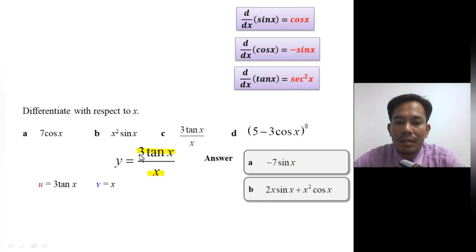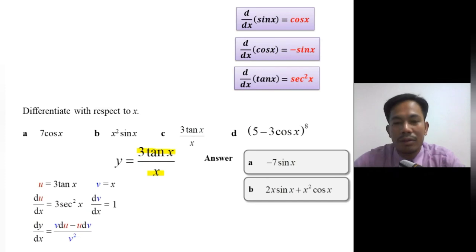The numerator will become u, 3 tangent x. The v will be x as the denominator. After that, get du, which is 3 secant squared x. What is dv? It is 1. And the quotient rule says v du minus u dv over v squared.